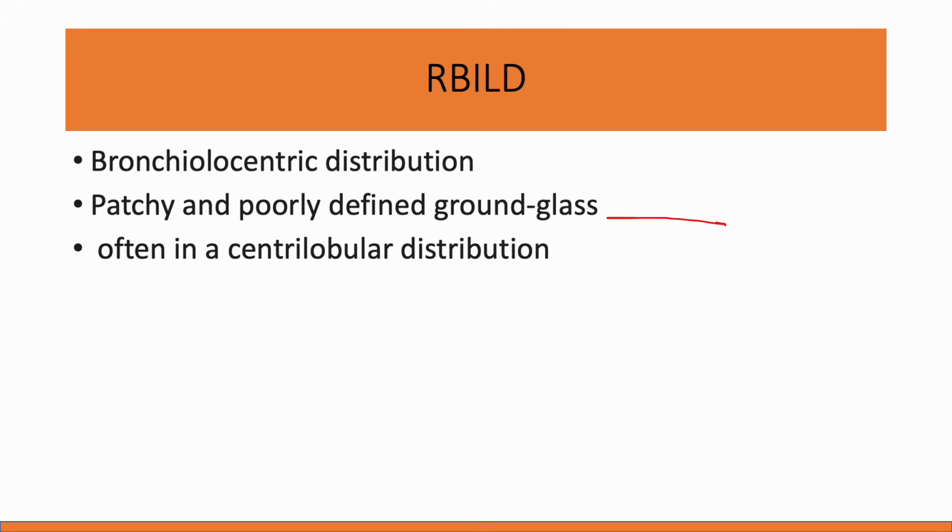Now, this is also associated with involvement of alveolar ducts and peribronchiolar alveoli containing the pigmented macrophages and accumulation of macrophages in the alveoli. Now, in almost 93% of cases with a histological RBILD pattern, smoking is a major risk factor. And there are, although few, patients where it could be idiopathic.